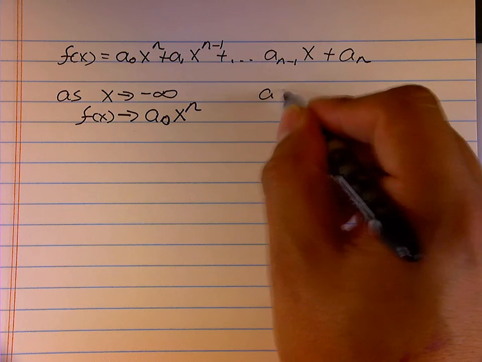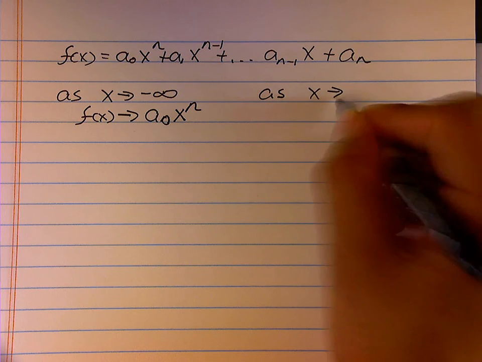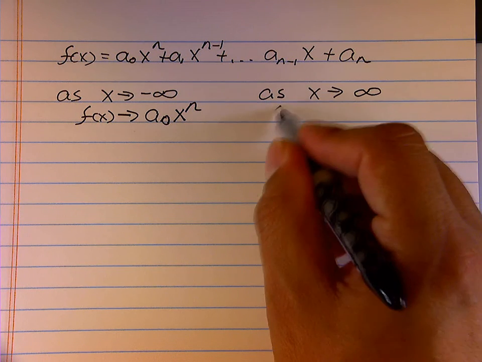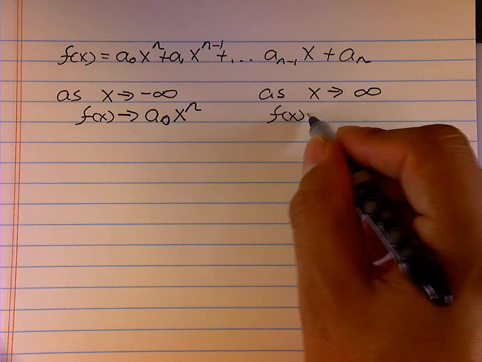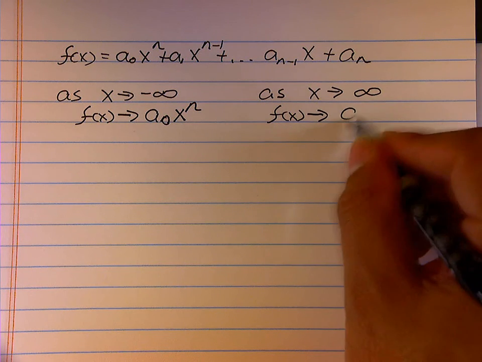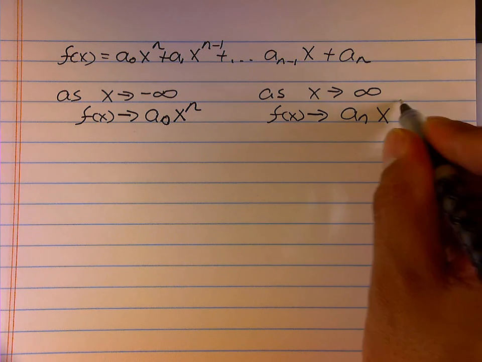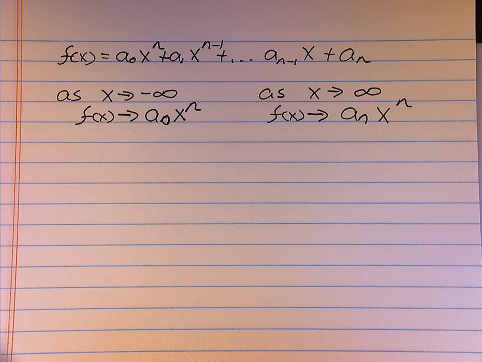Also, as x goes to the right, f of x is heading in the same direction as a naught x to the n. So if I'm looking at my basic polynomial function, and I look at that lead power function, that is how the graph of the polynomial is going to act on its left and right hand side.